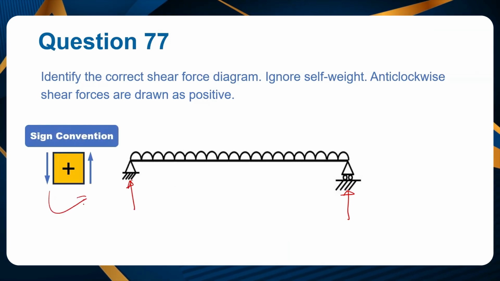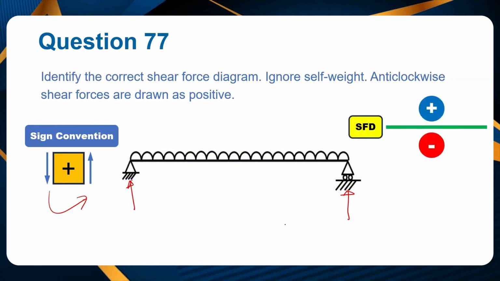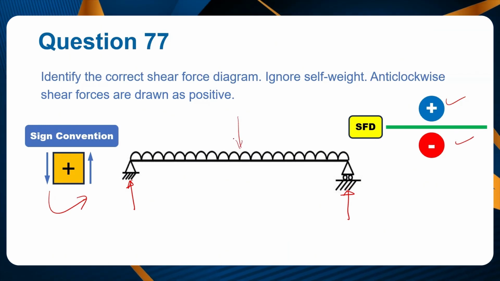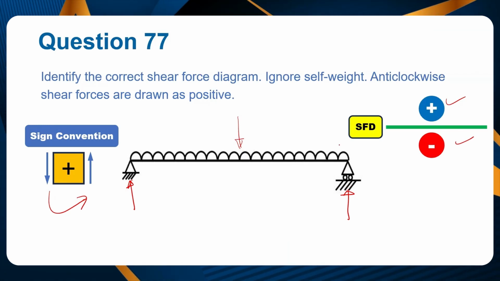This is a sign convention. Anti-clockwise forces are positive, and this is how it should be drawn. And the resultant force is going to be downwards. And when we have a distributed load, then most of the time we will have inclined lines.